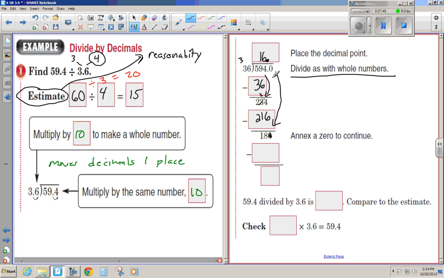You may have to annex 5 or 6 zeros until you get a good number. Here, we're annexing 1. We drop down that 0 and 180. 36 into 180, probably 4 times.